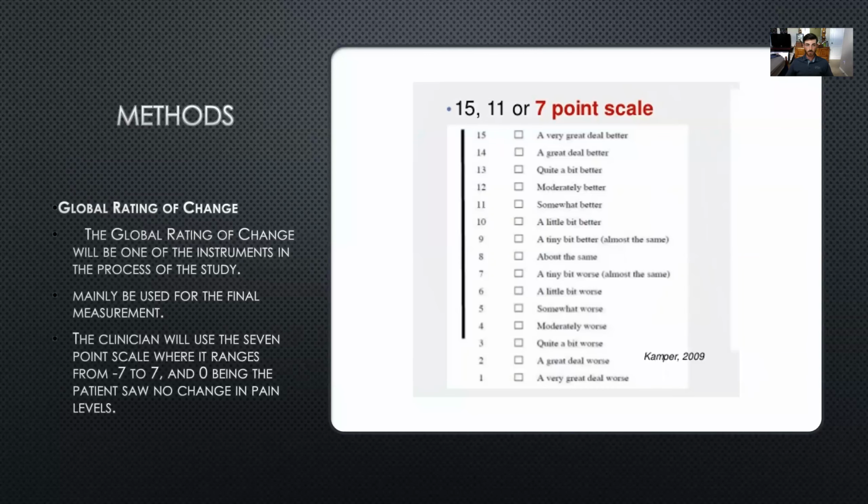So here's an example of a global rating of change. This is a 15-point scale. And so this will be one of the instruments used in my study, mainly for the final measurements, because at baseline, when they first come in, they'll be at a 0 on our scale.